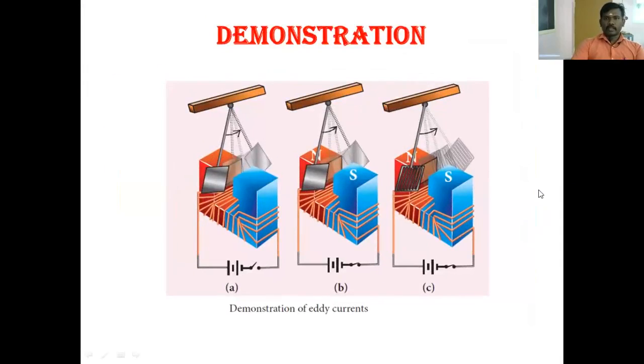Next, demonstration. Already I gave the outline of the demonstration method. How will you produce that eddy current? See the diagram. In the first diagram, part A, the circuit is open, so there is no current flowing through the metal, so no induced current, no eddy current. So that suspended metal can slide in between the electromagnet.